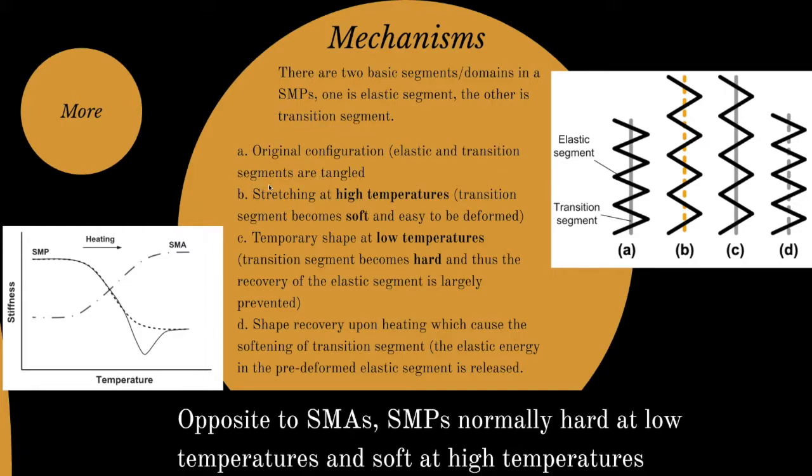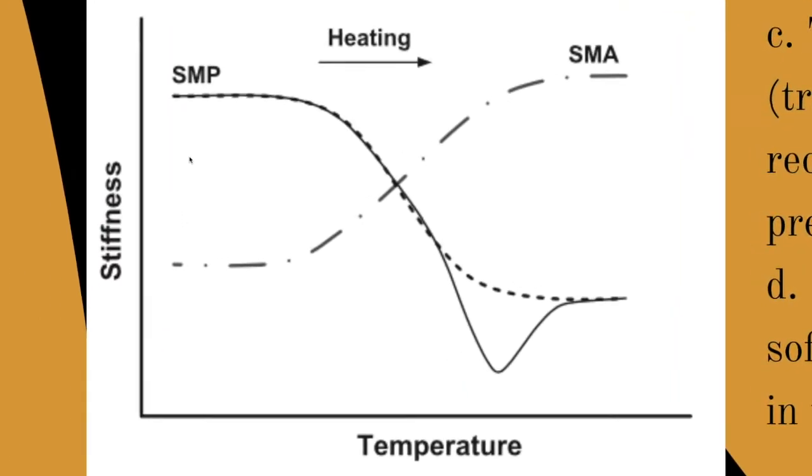And then the left graph shows the difference. If you see here, this is shape memory polymers. This is shape memory alloy. So you will see the temperature-stiffness graph. While this polymer, in the low temperature, has a high stiffness. And when you increase the temperature, as you see in the picture before, the elastic and transition segments, the stiffness will go down as the temperature increases because the transition segments become softened.